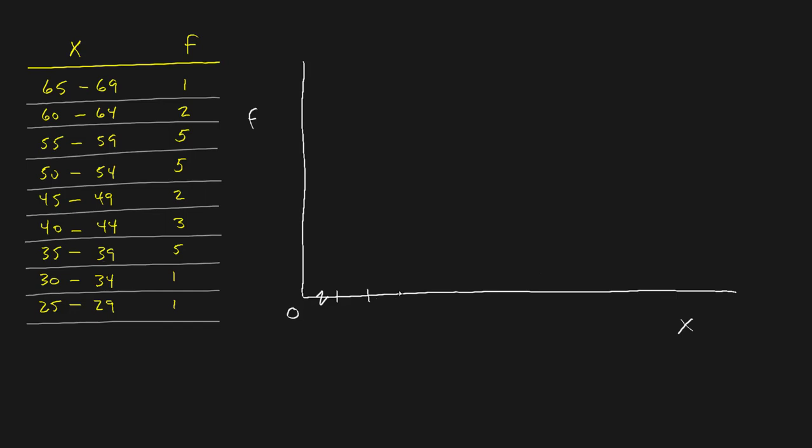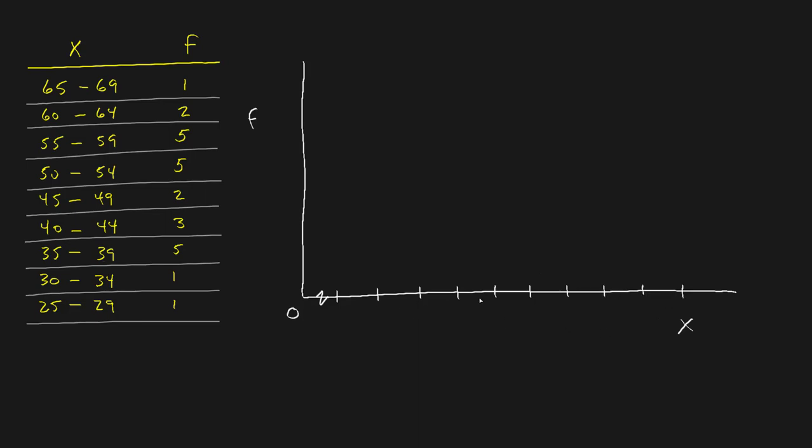So this is 1, 2, 3, 4, 5, 6, 7, 8. Actually, these are a little bit too small. Let me try that again. 1, 2, 3, 4, 5, 6, 7, 8, 9.